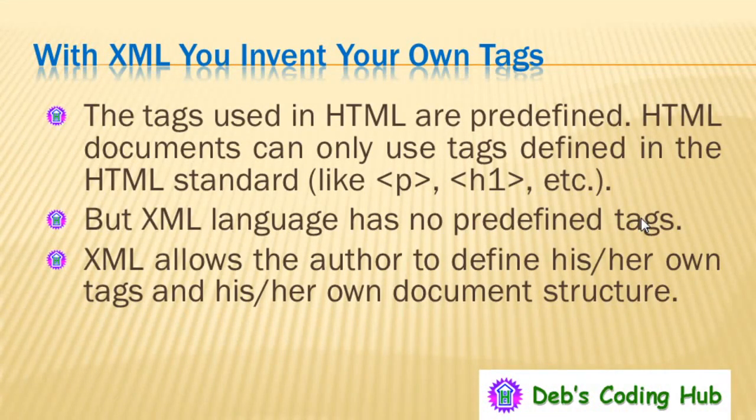But XML language has no predefined tags. The programmer has to define his or her own tags. So XML gives the author the right to define his or her own tags and his or her own document structure.